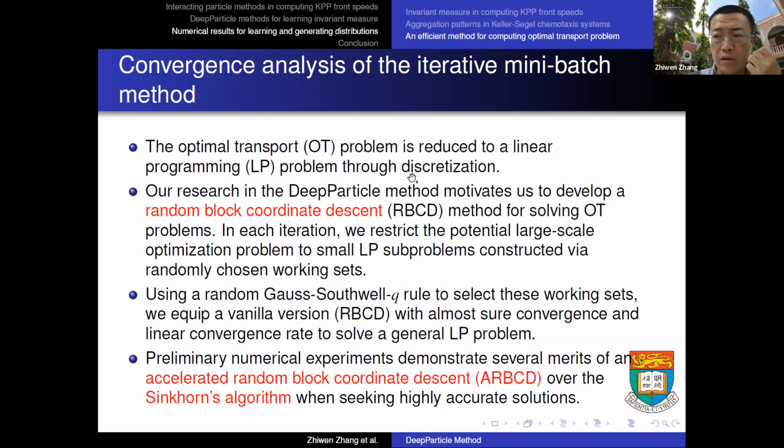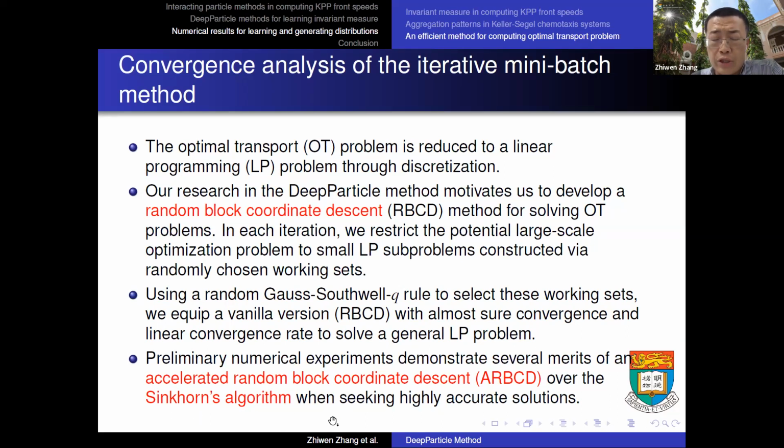Then if the size of the problem is large, this problem becomes expensive. Sinkhorn is a very popular method to solve this type of OT problem. But with the Sinkhorn method, you need to add some relaxation term.